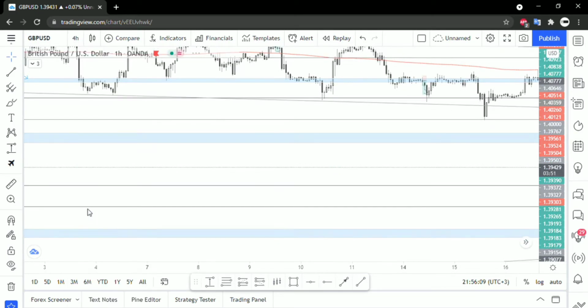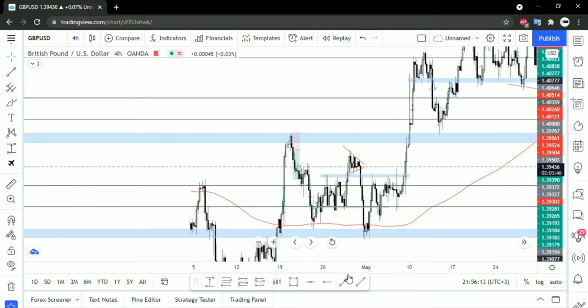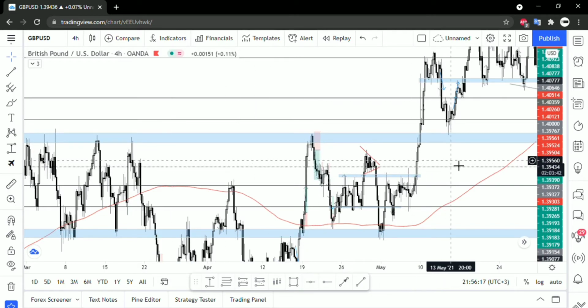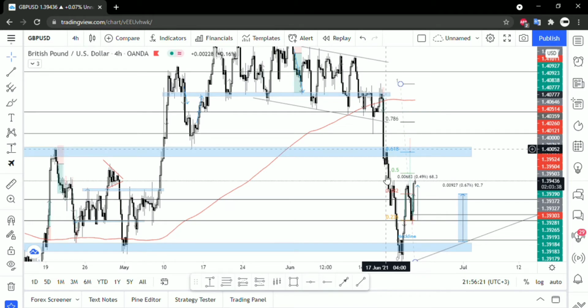So let's just have a broader look. As you can see, this is an area that had been retested multiple times before, and the market managed to move down, and it had a fake breakout, but then it retested and had a continuation.